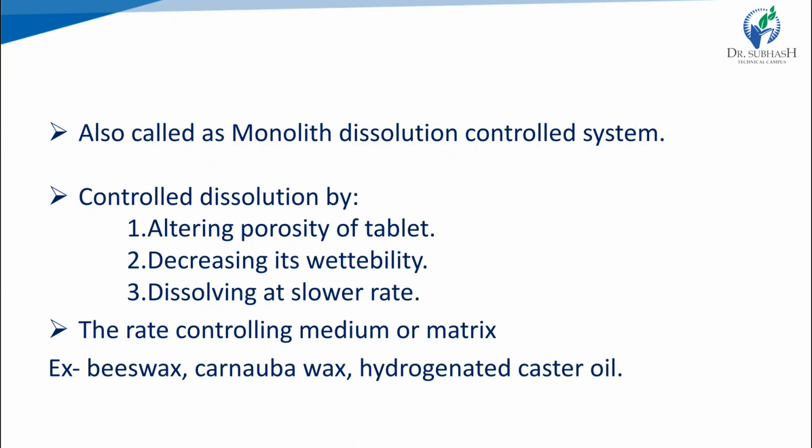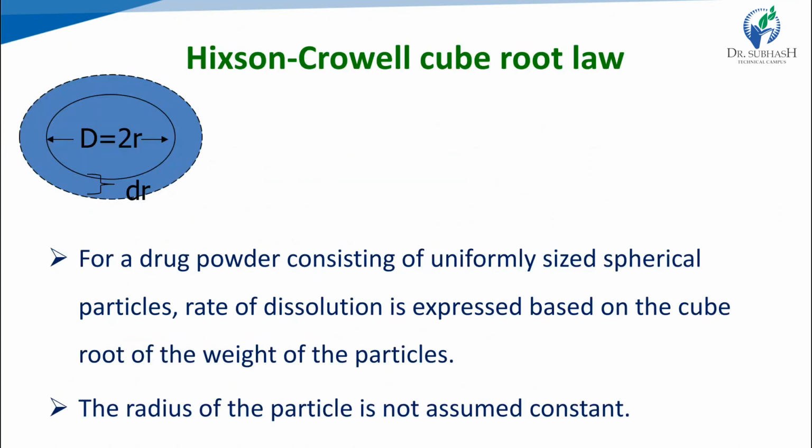Rate controlling medium or matrix materials used in that case, examples are beeswax, carnauba wax, and castor oil, used for preparing the matrix type of system. Dissolution control based drug release mechanisms are explained by the Hixson-Crowell cube root law.